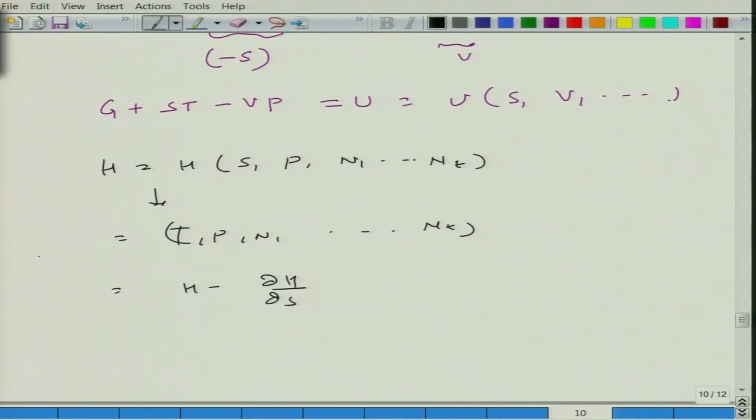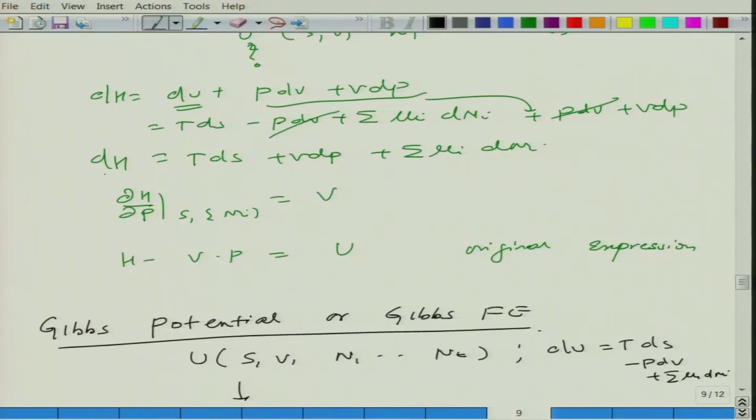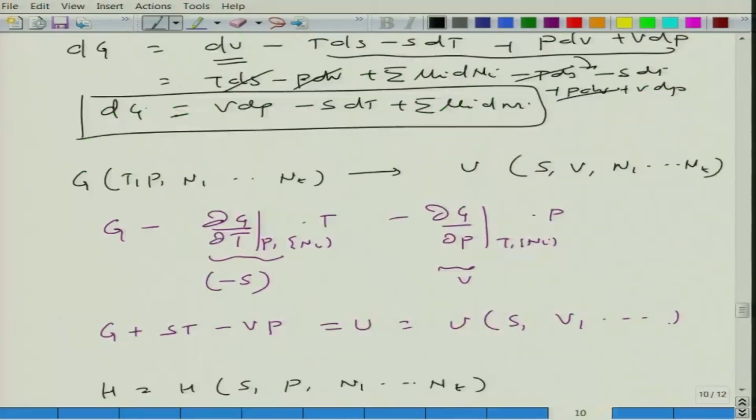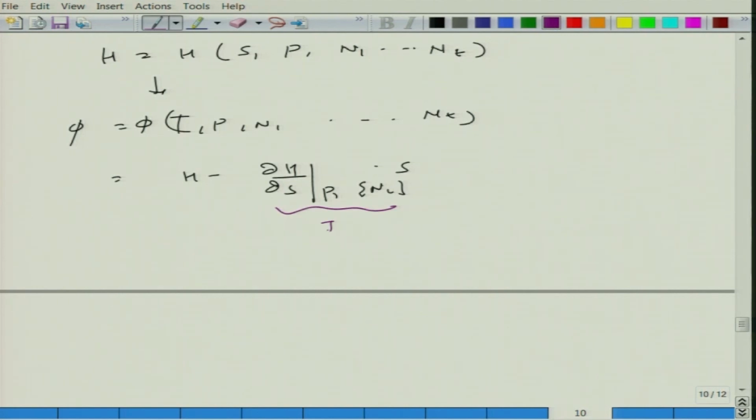So, this could be your phi again, h minus del h by del s at constant p, n i's, and this is h. If you look at the differential form of h, it is dh. So, the derivative of this with respect to s, keeping the rest constant, is nothing but T. So, essentially we have this as T. So, you have h minus T s.